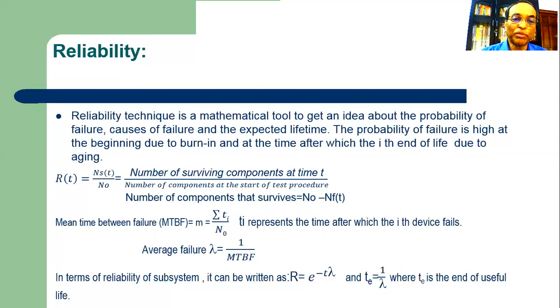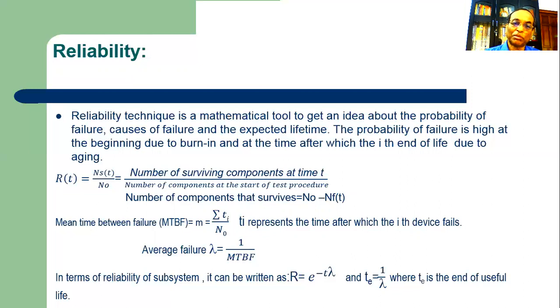Mean time between failure. What is the definition of mean time between failure? Mean time between failure, MTBF, is equal to M equal to the summation of Ti divided by N0. Ti represents the time after which the ith device fails, and N0 is the initial number of components at the start of the test procedure.